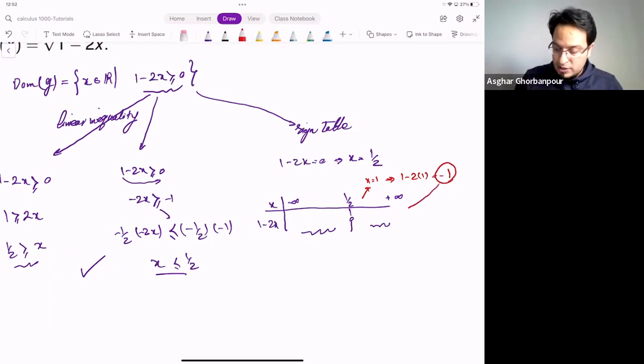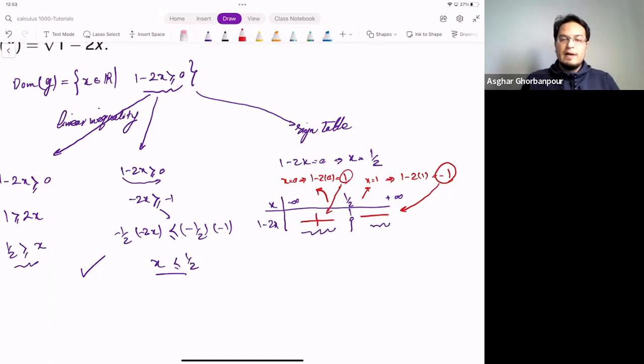The whole interval will become negative. You pick another sample point in the other interval, x equal to 0. You plug it in there. It's positive, yes? So that means that for every other value of x, this expression is going to be positive.